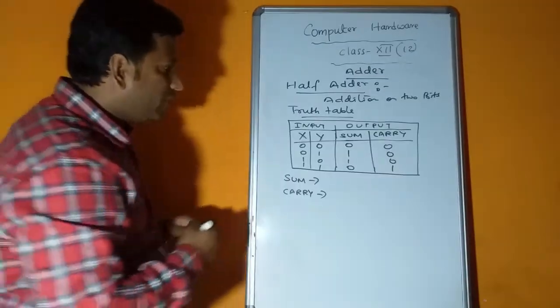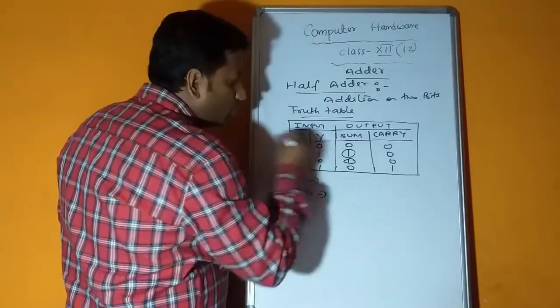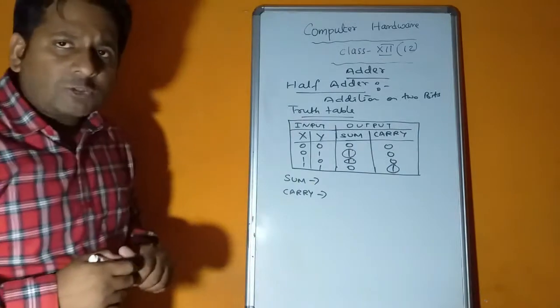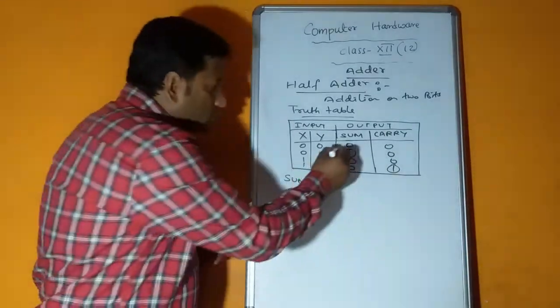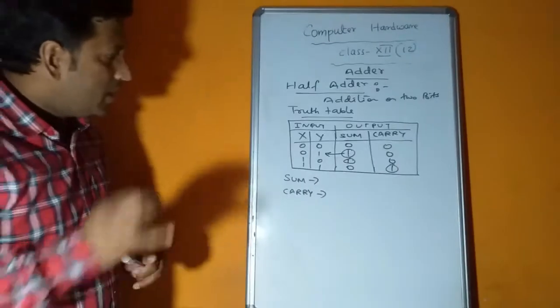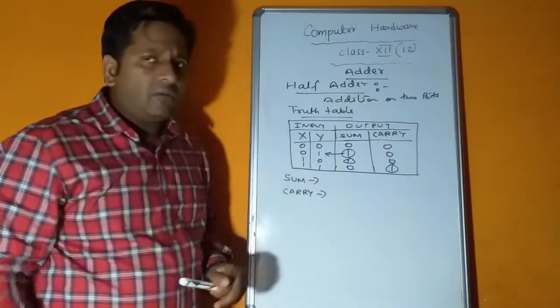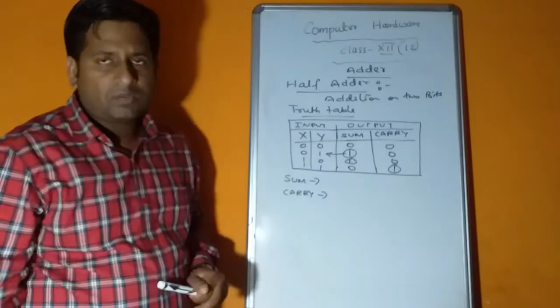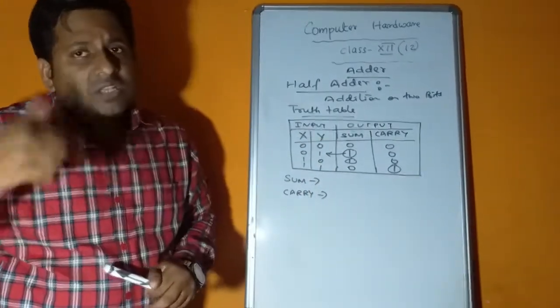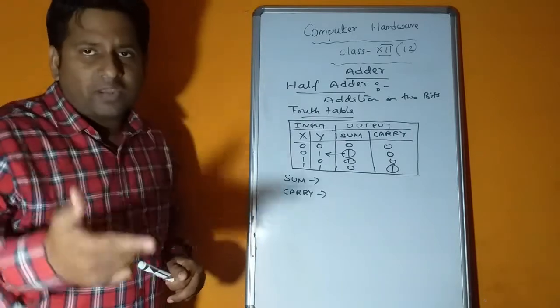So how many 1s do we have in sum? Two. And how many 1s do we have in carry? Only one. So we have to check the corresponding variables. First let us check the corresponding variables for 1 in case of sum. When you check the corresponding variables, a few rules you need to follow. In the input side, 0 is the complement for that particular variable.